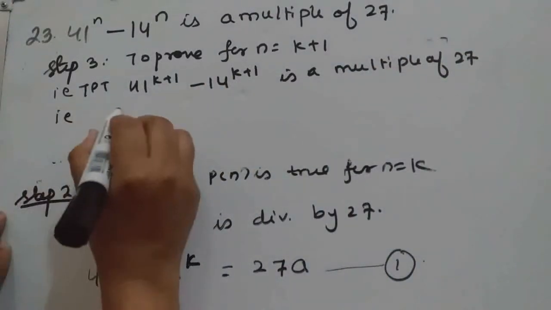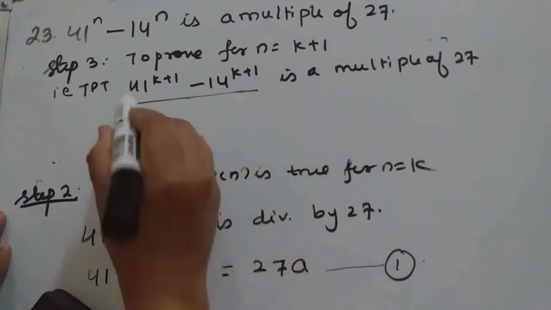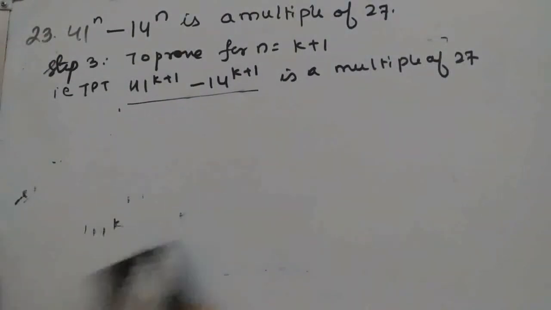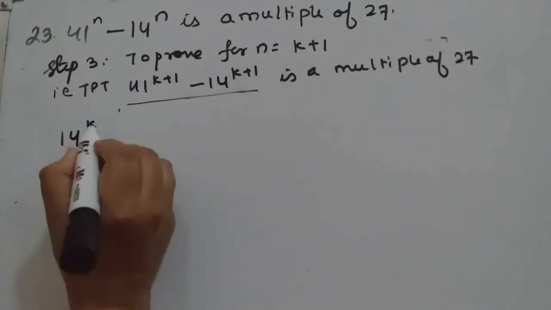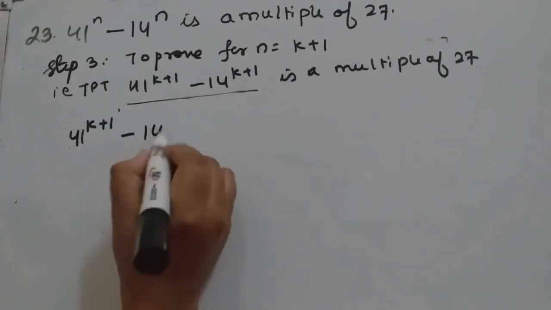Or we will consider this expression and we will show that this is equal to 27 into something. Okay, so now here consider 41 power k plus 1 minus 14 power k plus 1.